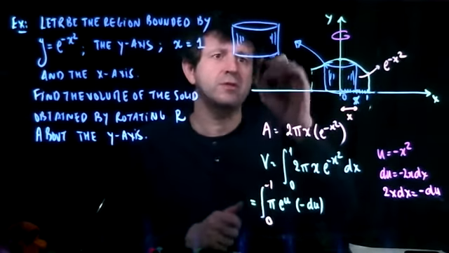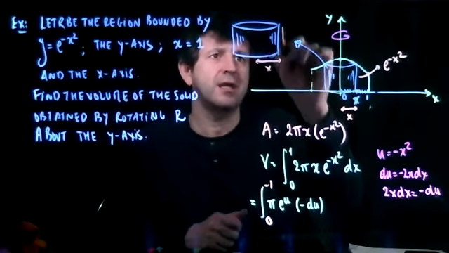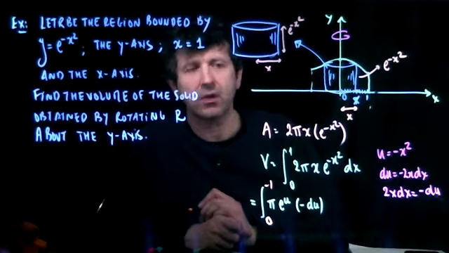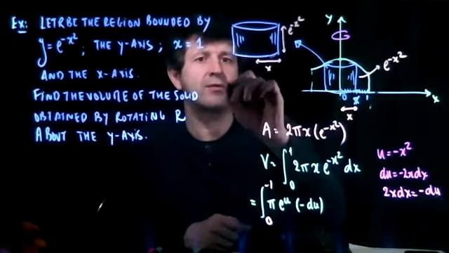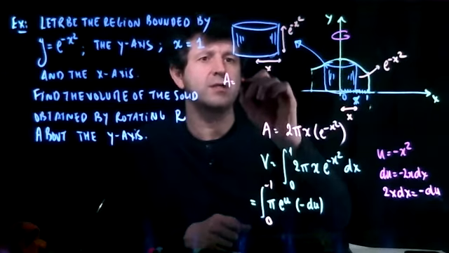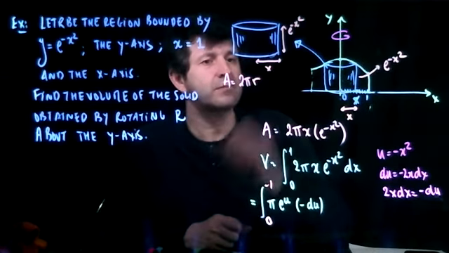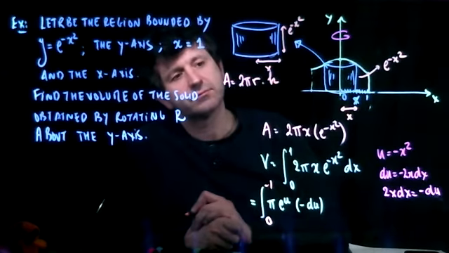So the dimensions of the cylinder: you're okay that this is x, and this is e to the negative x squared. You okay with that? Yeah. Okay, so now I need the lateral area. The lateral area here is 2 pi times the radius times the height. Right?